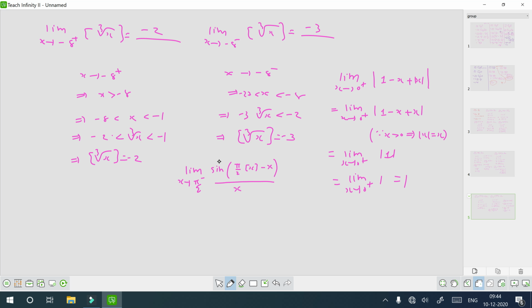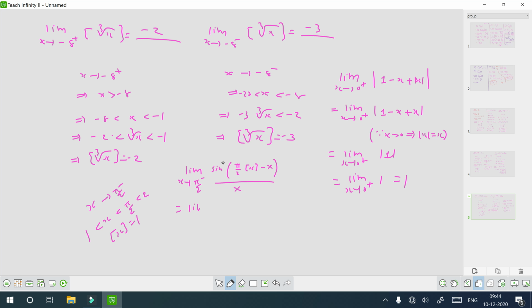Suppose that is equal to, I am writing here, cos pi by 2 or sin pi by 2 over x. Now we know that x tends to pi by 2 minus means x is less than pi by 2, that is here 2, so that is here 1. So this integer part function is equal to 1.